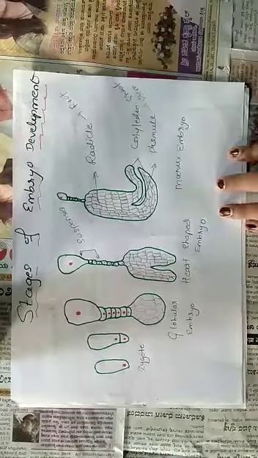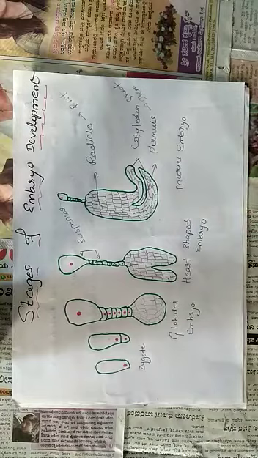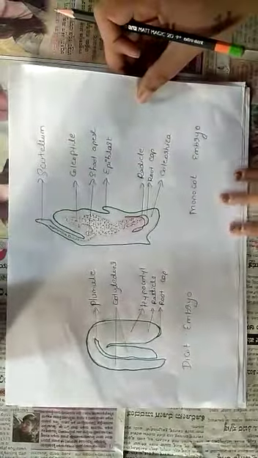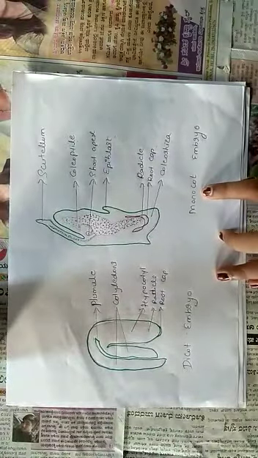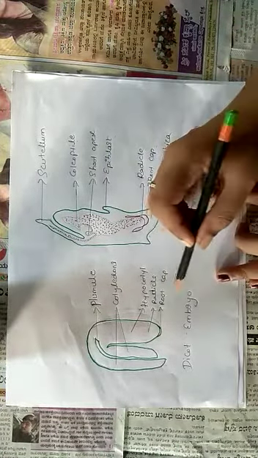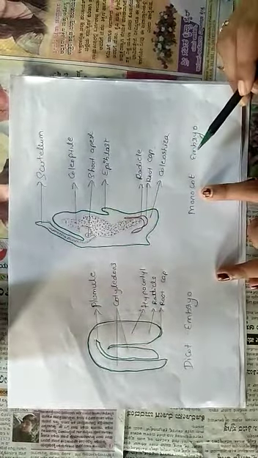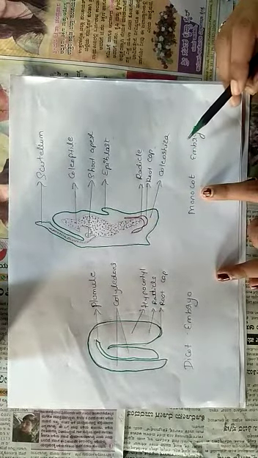So now after the stages of development, we are looking at the dicot and monocot embryo structure. As we know, there are examples of dicotyledon plants and monocotyledon plants.